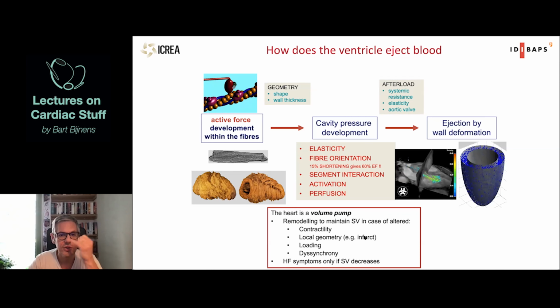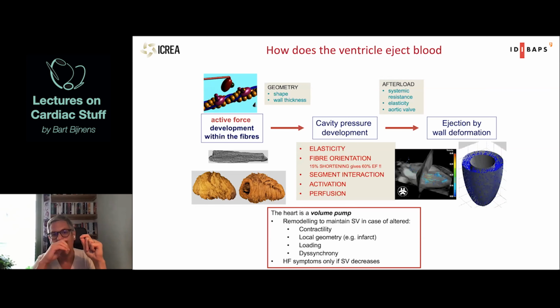Now, as I mentioned before, it's also the volume which is important in some ways. You really need to see how the ventricles can generate the volume that is needed to be ejected. This volume changes with different conditions, when you're doing exercise or when you're at rest, for example.